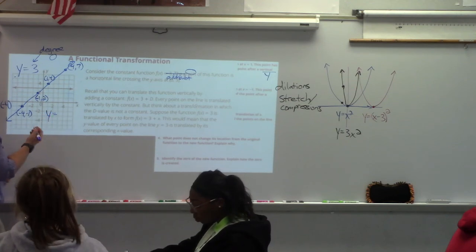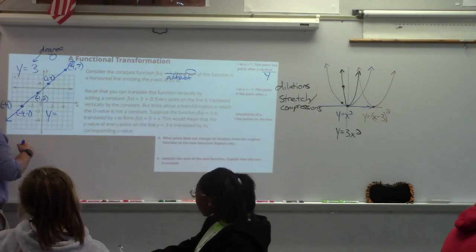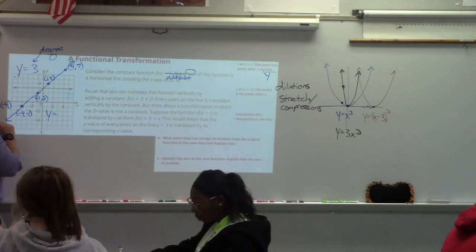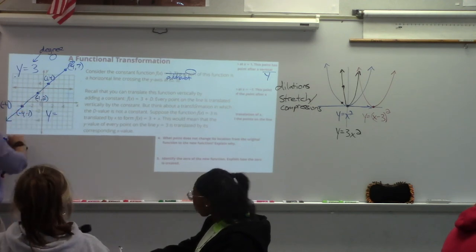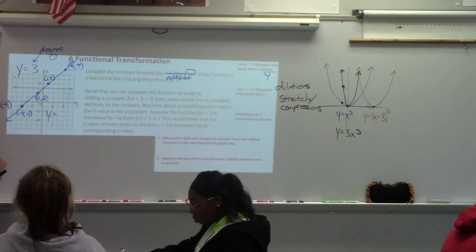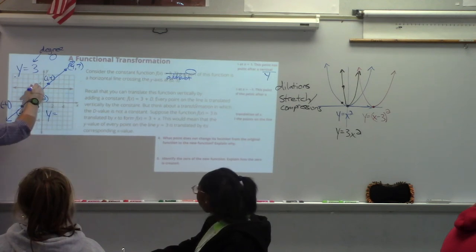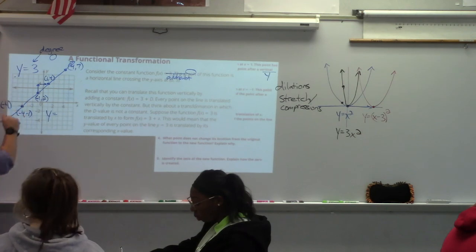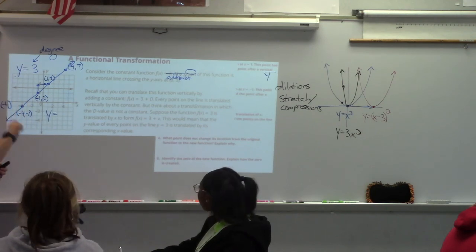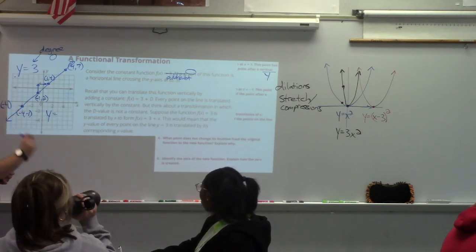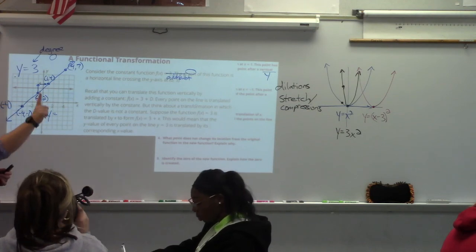Well, that's in general. So what's my m? What's my slope? It's up 2 to the right 2, so 2 divided by 2, which is 1.